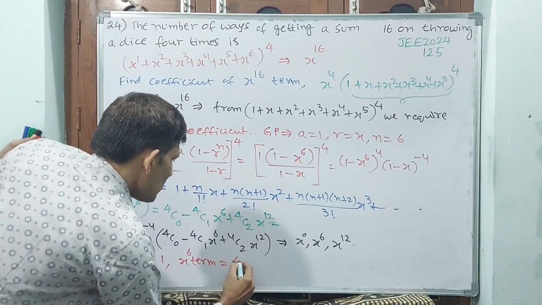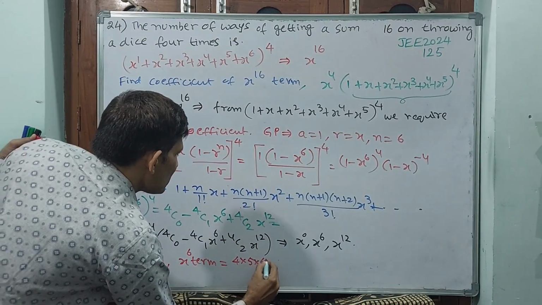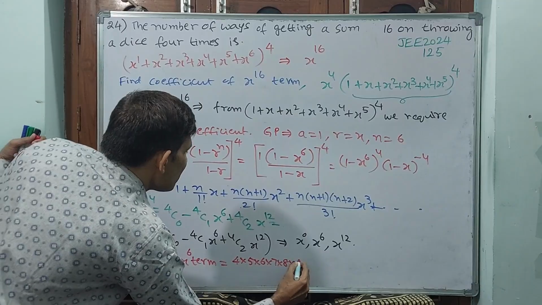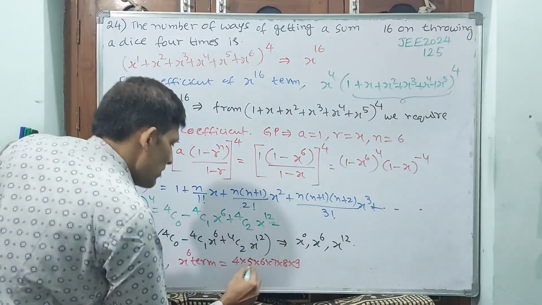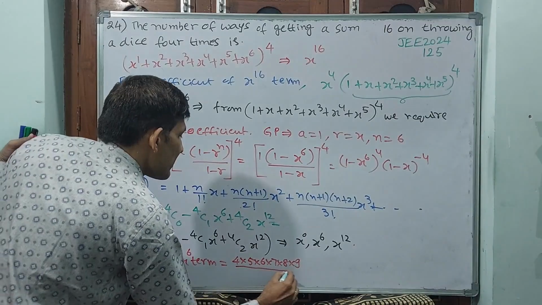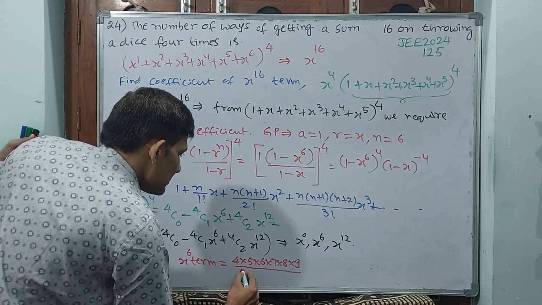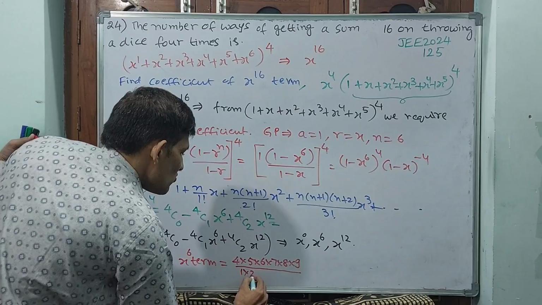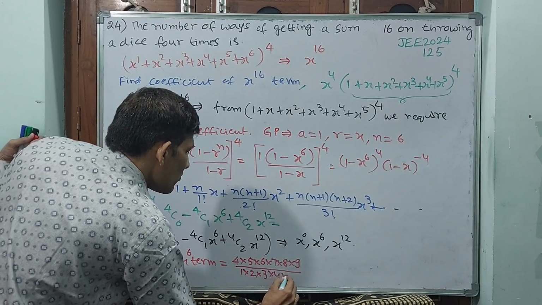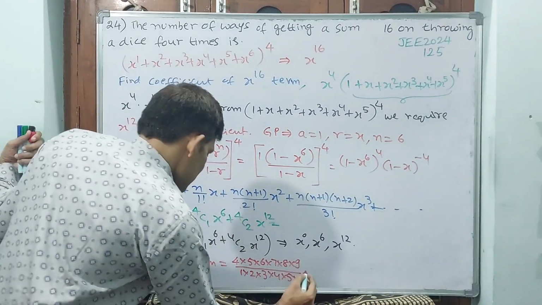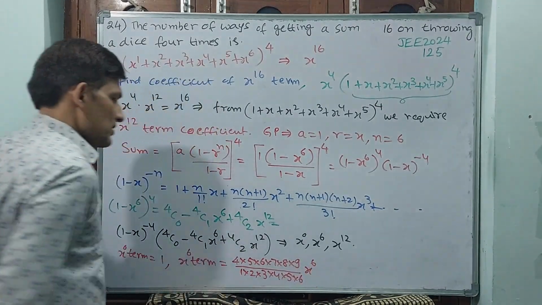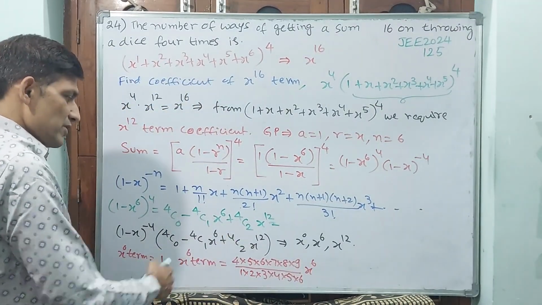That means 4 into 5 into 6 into 7 into 8 into 9, that is 1, 2, 3, 4, 5, 6, 6 terms you have to multiply, divided by 6 factorial. 6 factorial means 1 into 2 into 3 into 4 into 5 into 6. X to the power of 6 we need not write. Why? Because the multiplication anyway it is going to come.